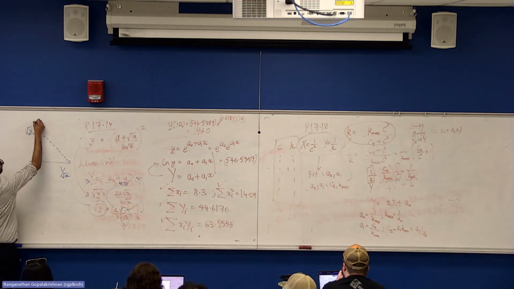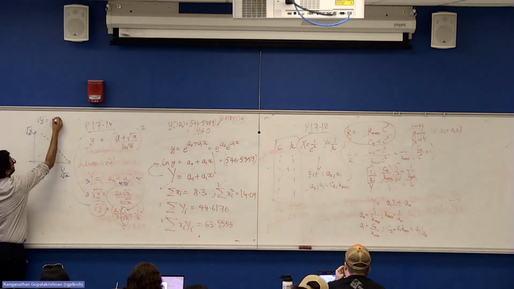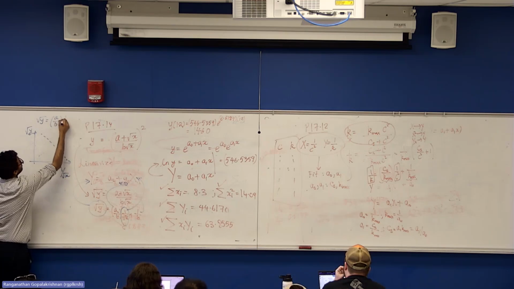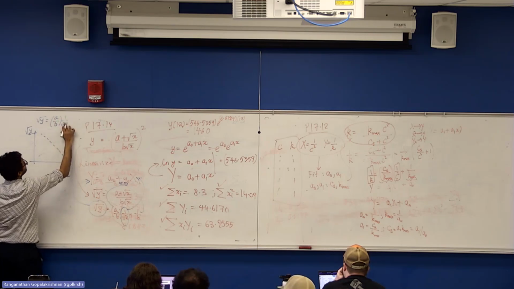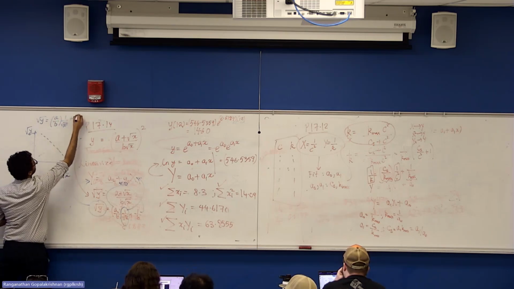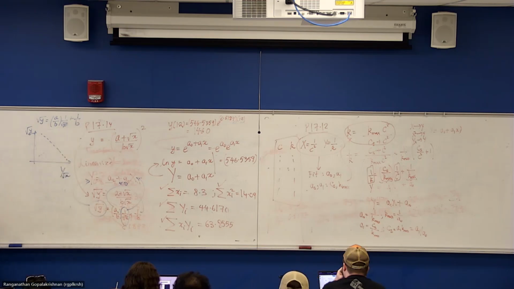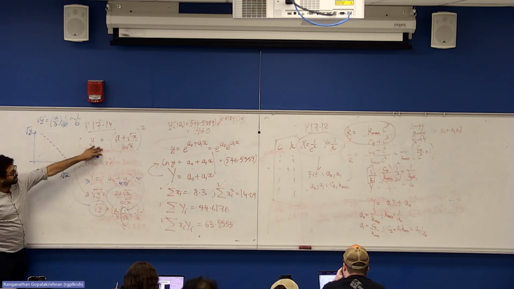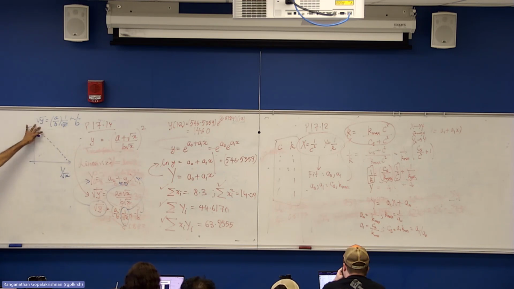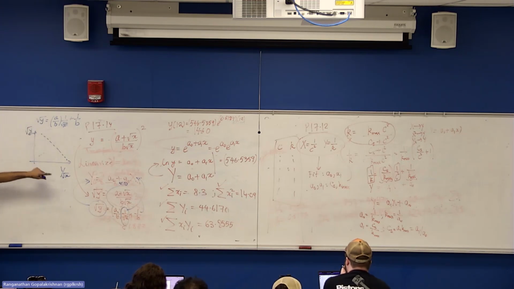So square root of y equals a over b times 1 over square root of x plus 1 over b. This process is called linearization: turning something that doesn't obviously look linear into a function that is linear when you plot it in terms of some special variables.